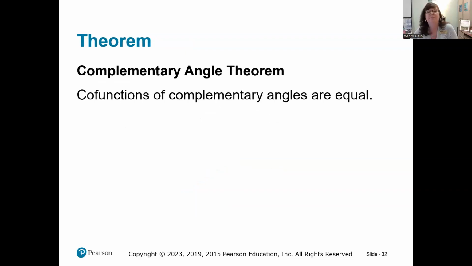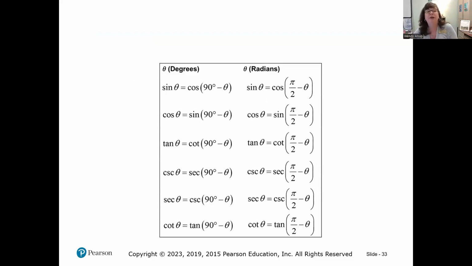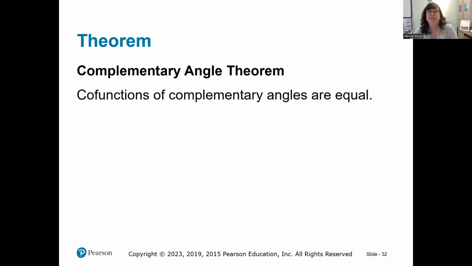They're all interrelated. So cofunctions of complementary angles are equal. The cofunctions are sine and cosine, tangent and cotangent, cosecant and secant. This is cofunctions, that's why we use the co. So you might think, well, why aren't sine and cosine the reciprocals?